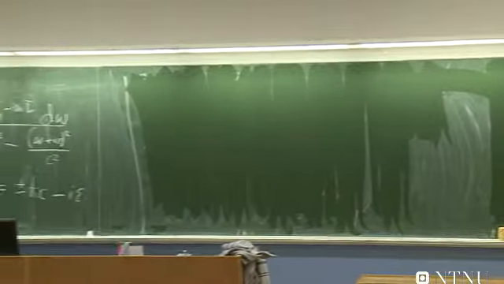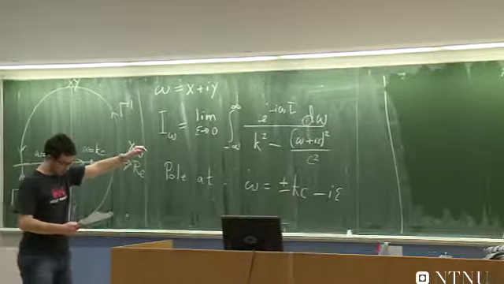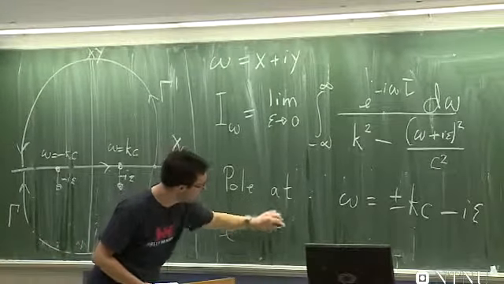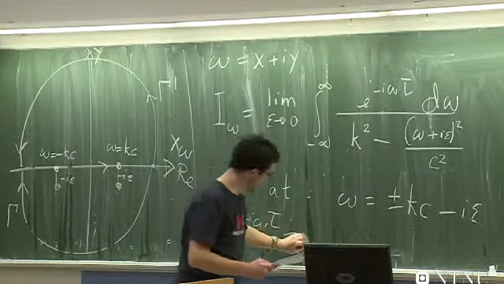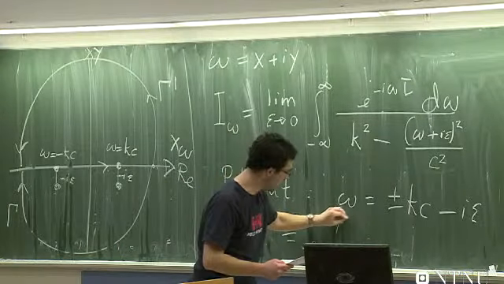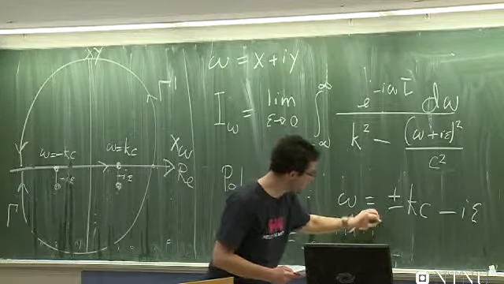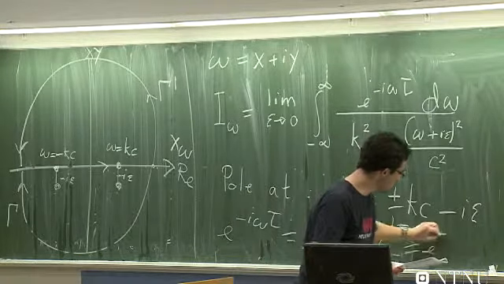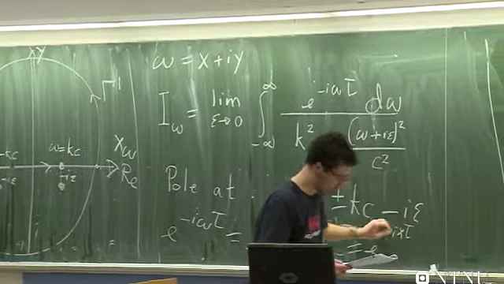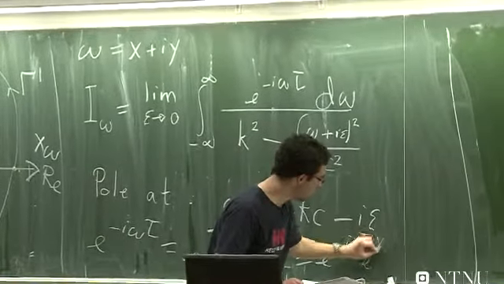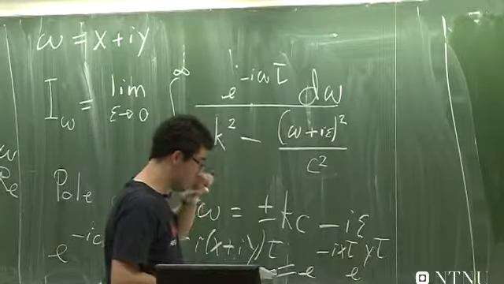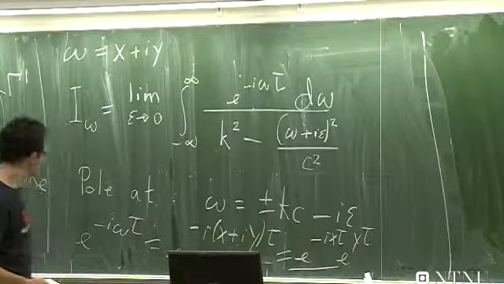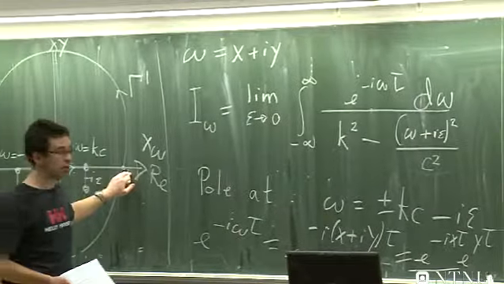Finally, note that e to minus I omega tau I write as e to minus I x plus I y tau, or e to minus I x tau e to y tau, like this. So this is the part we're integrating over on the real axis, because then y is 0.